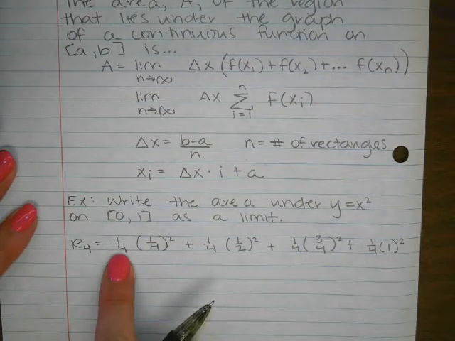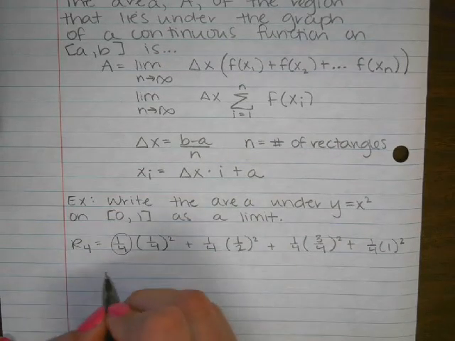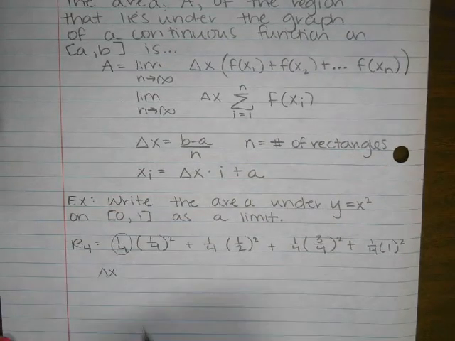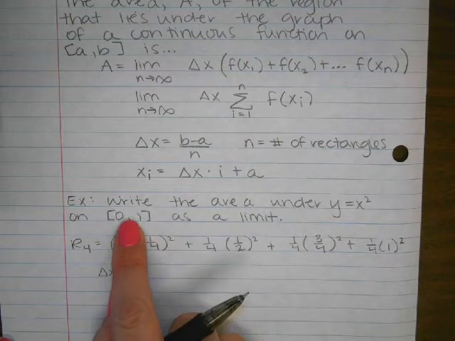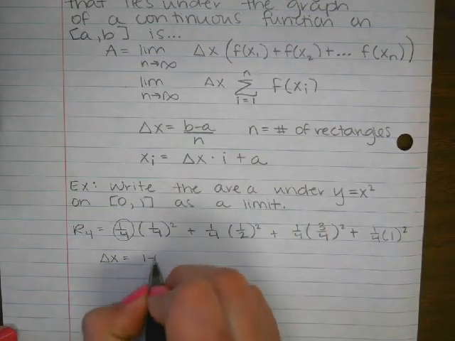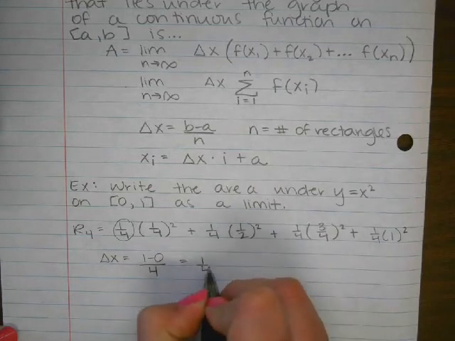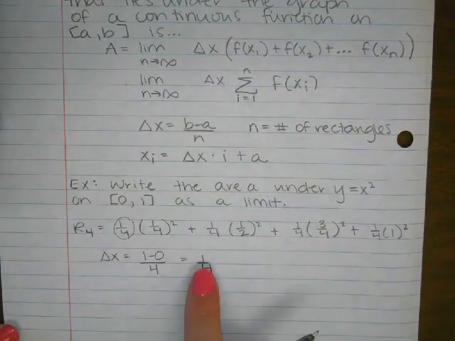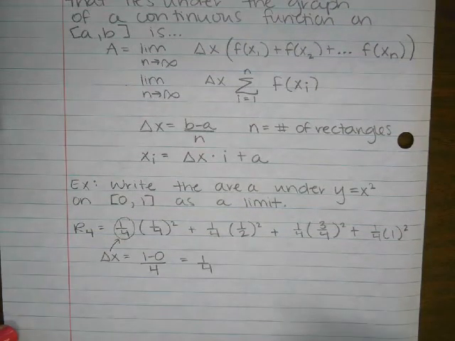So this 1/4 came from us figuring out what our delta x was. We said that our delta x was b minus a divided by the number of rectangles that we had. So we had 1 minus 0 divided by 4 rectangles, which gave us 1/4. So you can see that this number right here was actually our delta x.